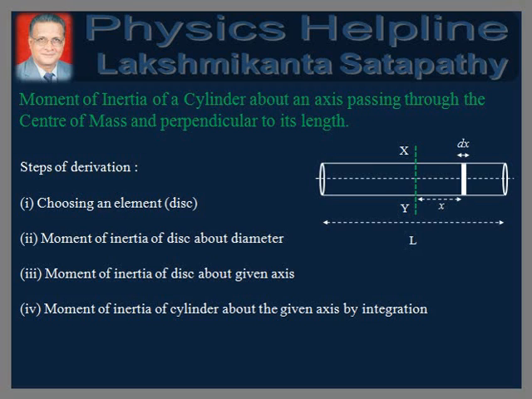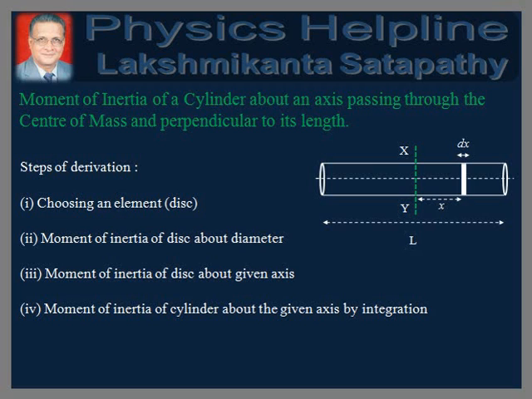First, we will choose an element of the cylinder which is a thin circular disc. Then we find the moment of inertia of the disc about a diameter which is parallel to the given axis.